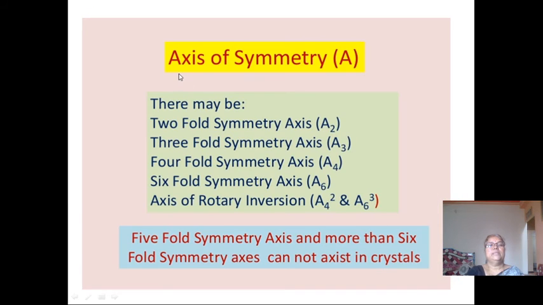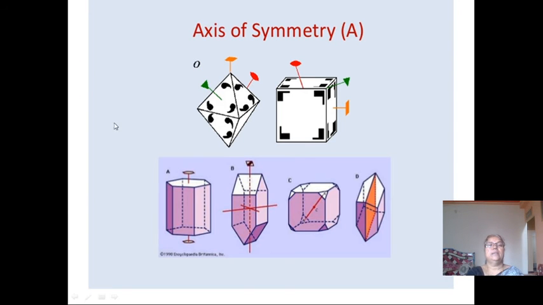Then see here the axis of symmetry. Any crystal may have a two-fold symmetry axis, three-fold, four-fold, six-fold symmetry axis, and axis of rotatory inversion. And remember, the five-fold symmetry axis and more than six-fold symmetry axis cannot exist in a crystal.